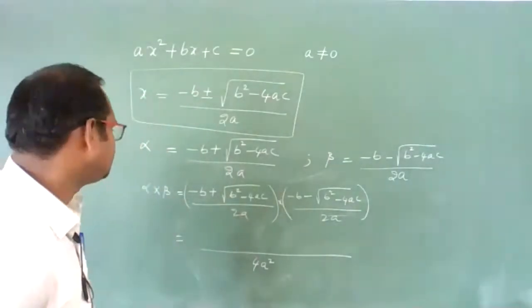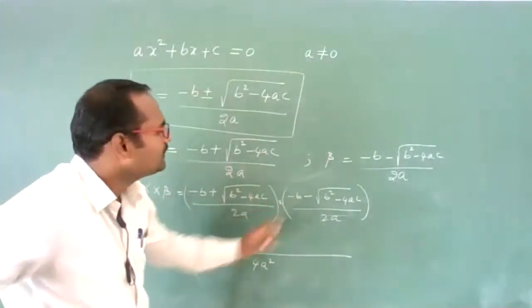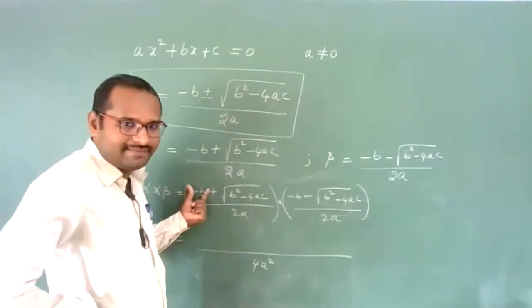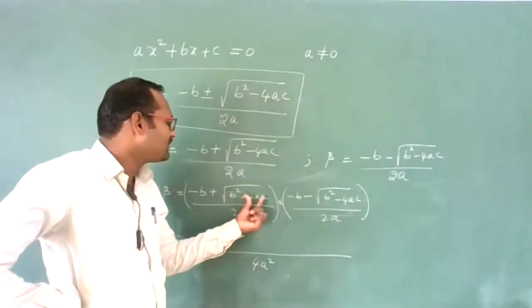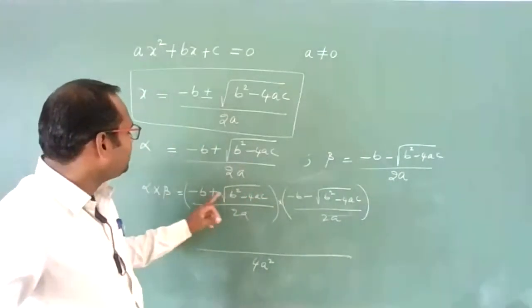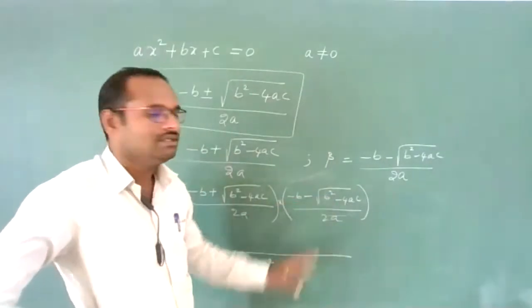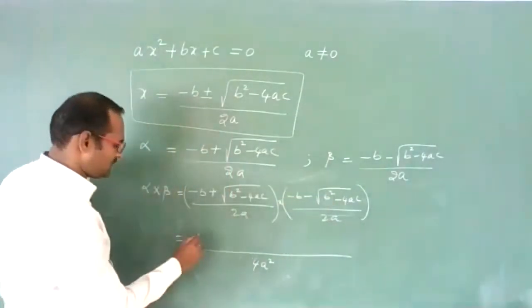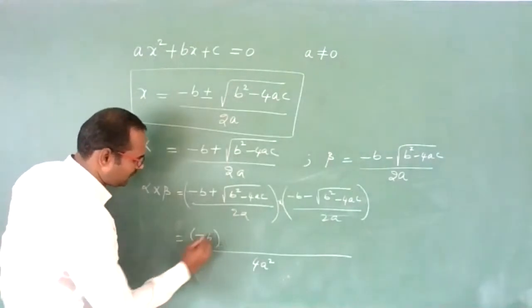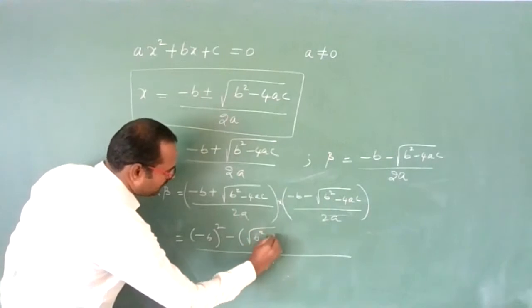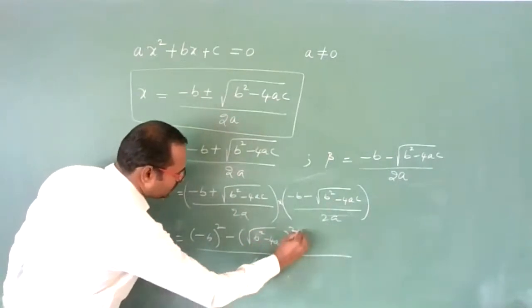Okay, students? Now, in the numerator, consider total minus b as a and under root of b square minus 4ac as b. Now it is in the form of a plus b into a minus b, whose formula is a square minus b square. That means minus b whole square minus root of b square minus 4ac whole square.